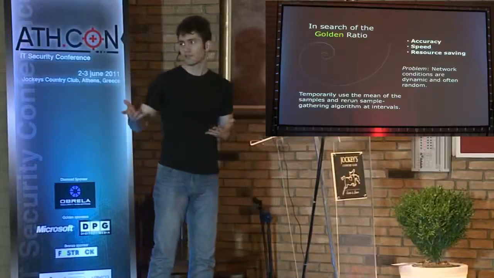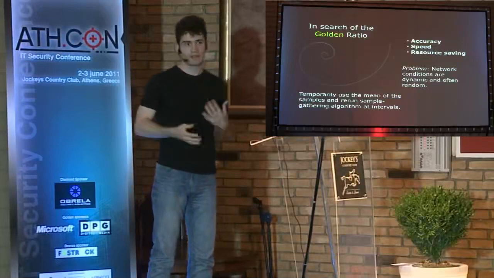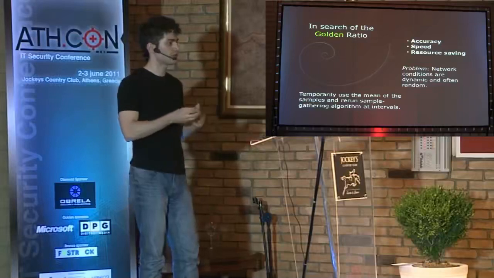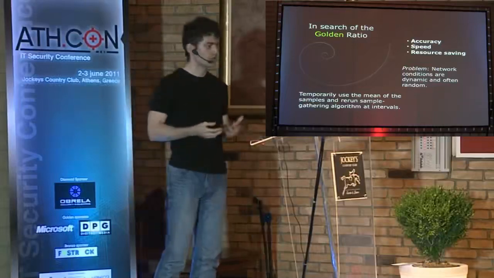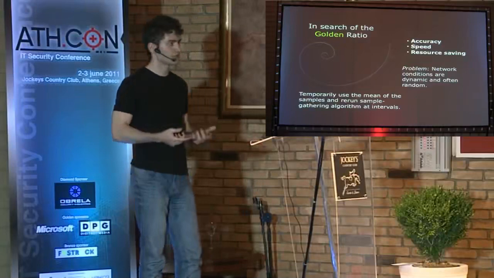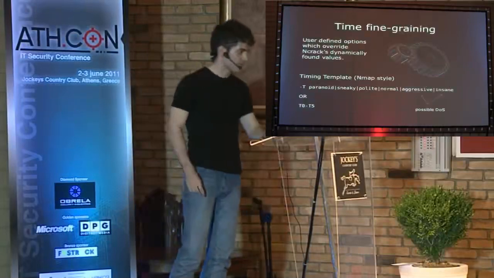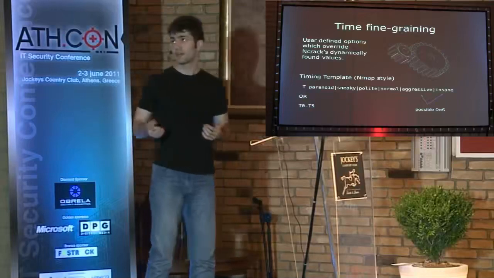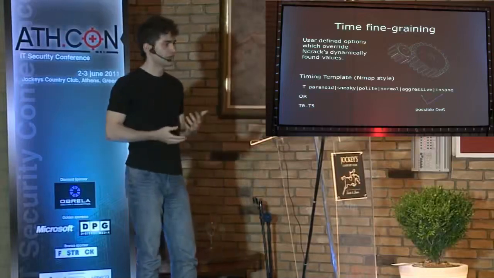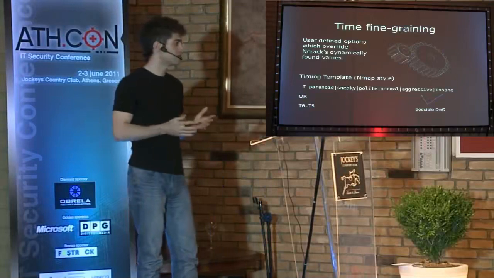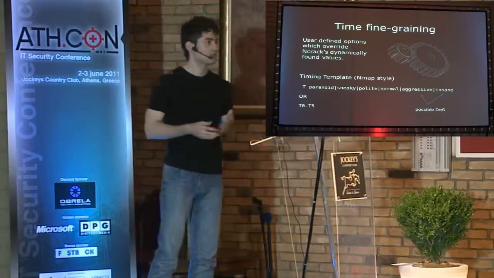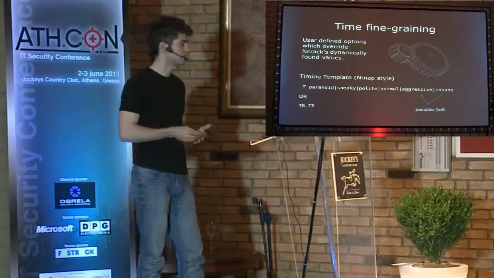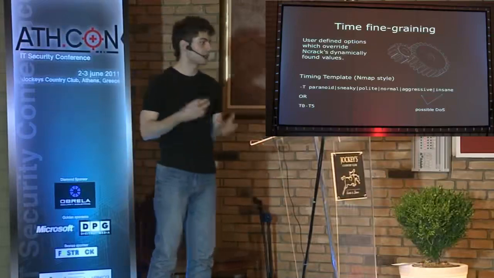And this has to be done all the time in order to compensate for the potential fluctuation in the ever-changing network conditions. Of course, you can also do some customized time fine-graining. For example, you might not trust the dynamic values found by the Ncrack engine, or you might just want to be more accurate in your scanning.